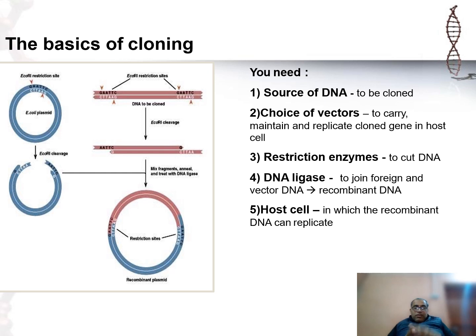Then host cells: there are different bacterial strains, and we have been using DH5 alpha or Top10. Different transformation methods are used as well, for example chemically competent cells, in which we use calcium chloride, and electrocompetent cells, in which we use electroporation for transformation.